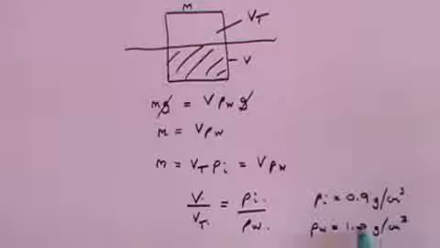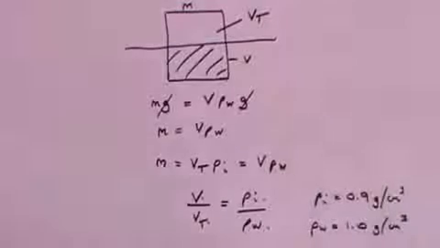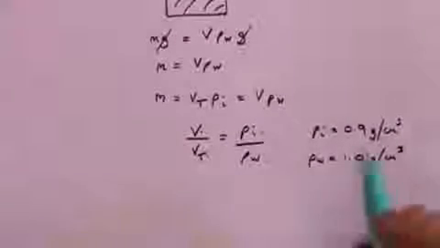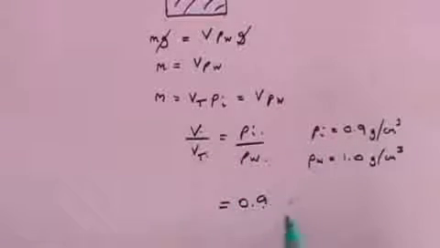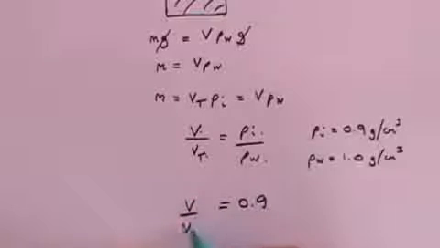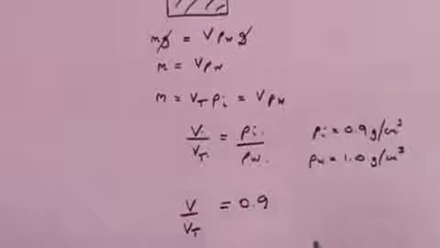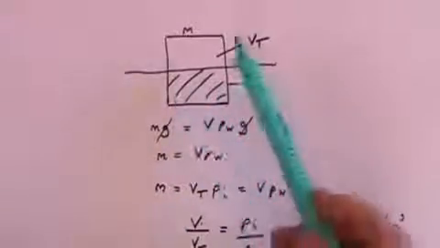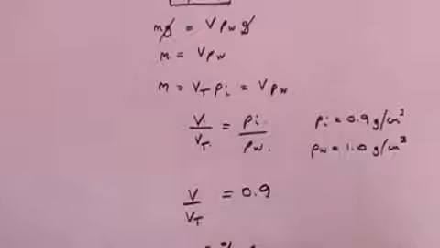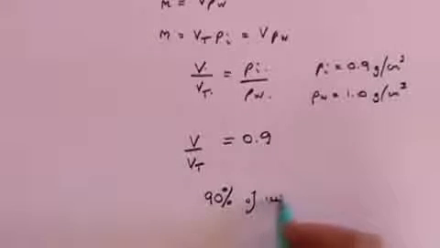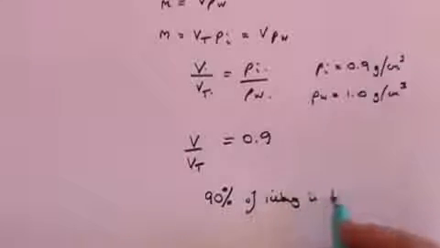That's approximately the density of seawater; it will be slightly more dense because it's got salt in it. And so you can see that 0.9 divided by 1 is 0.9. And that is V divided by VT, which means that the volume that is underwater divided by the total volume is 0.9. In other words, 90% of the iceberg is underwater.